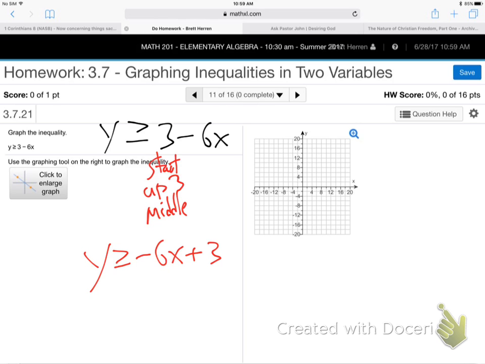The number that doesn't have the x is your starting dot. You don't have to rewrite it, but if it bugs you, go ahead. Start at up 3. So I'm going to do a graph right here. 1, 2, 3. Started up 3. There's our first dot.